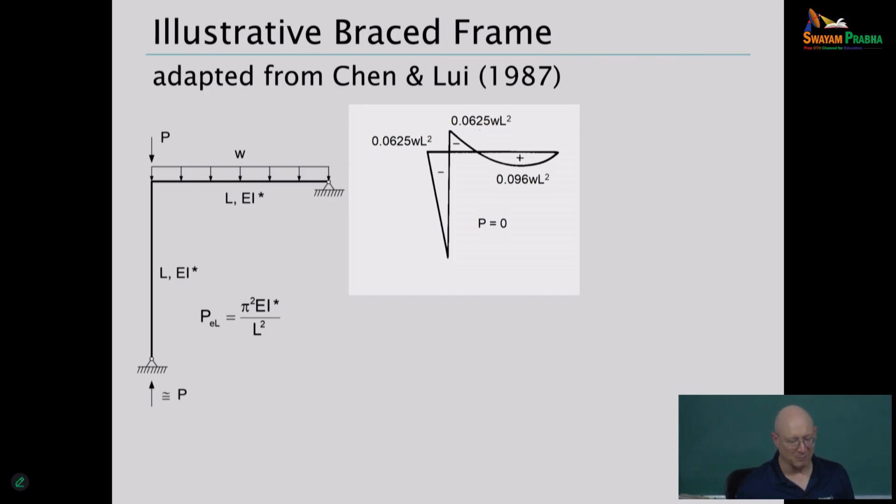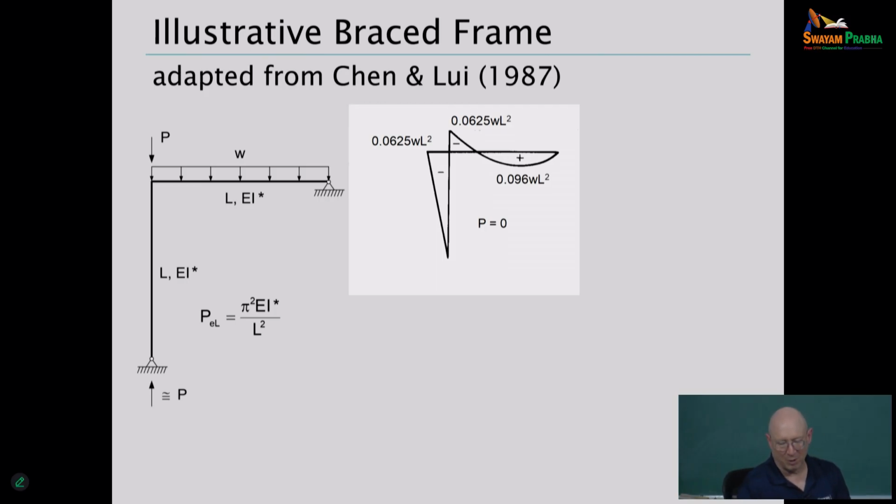So the force in the column is approximately equal to P. If we do an analysis of this structure where P is 0, W is a very small load, so essentially it's a first order analysis result. And what you see here with this moment diagram is what we would have.